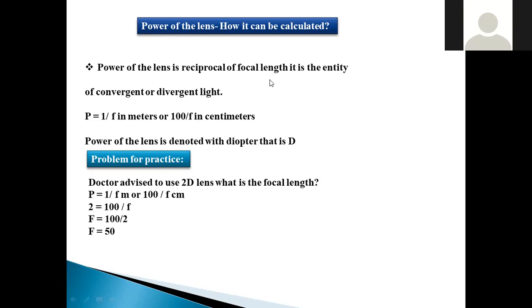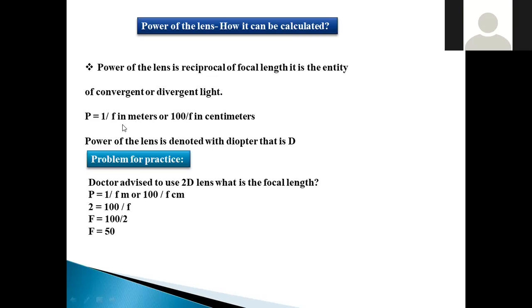The power of the lens is the reciprocal of the focal length. Focal length is the distance between the lens and where the light converges, the eye lens here. When we invert this, that quantity is known as the power of the lens. So the power of the lens, whether it converges or diverges light, is always the reciprocal of the focal length, and it is denoted by P is equal to 1 by F in meters.